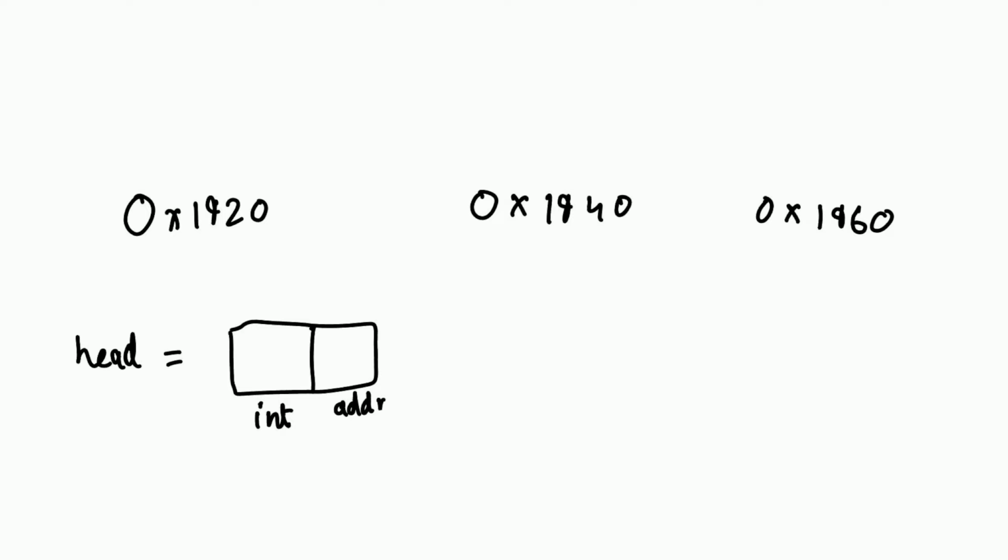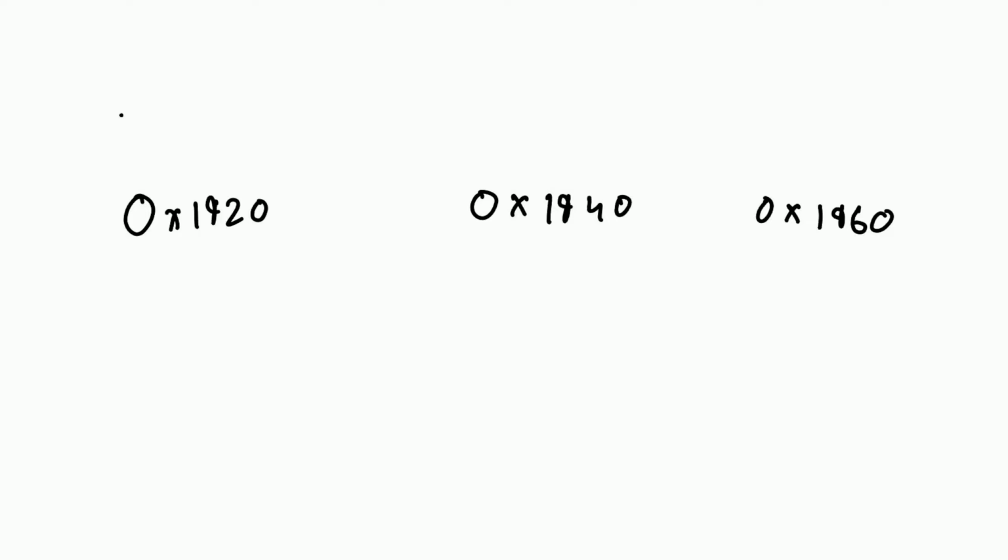We want this head node to have a value of 24, and then we're going to have to provide it an address of 0x1920.